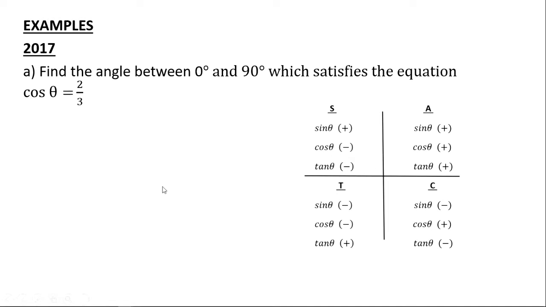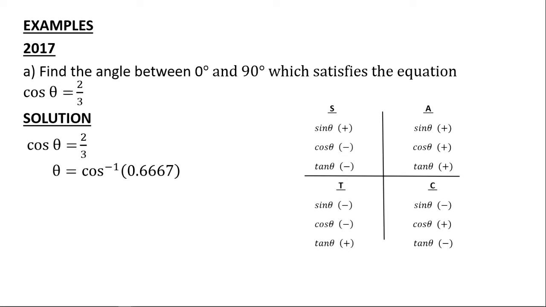So the question is saying find the angle between 0 degrees and 90 degrees which satisfies the equation cos theta equals 2/3. So we are going to say cos theta equals 2/3. Then we have to find the cos inverse of 2/3 to find theta. So theta equals cos inverse.